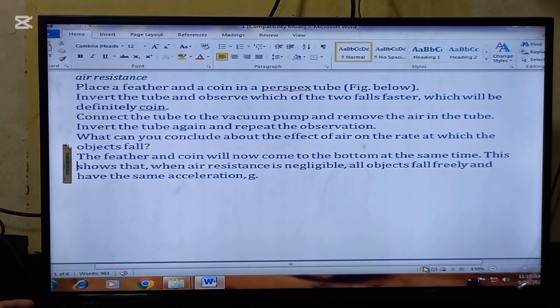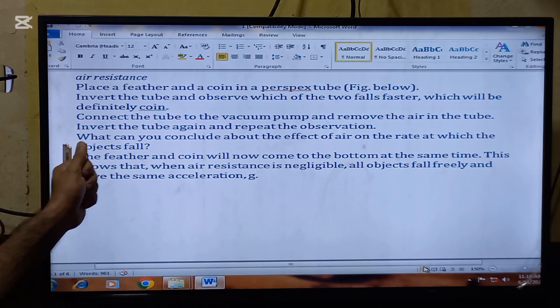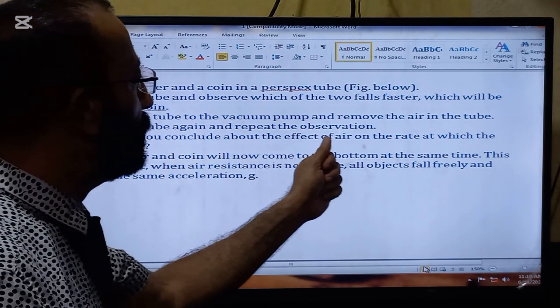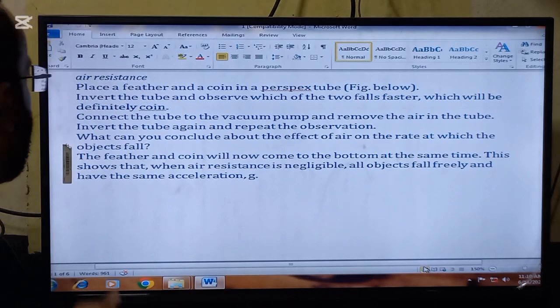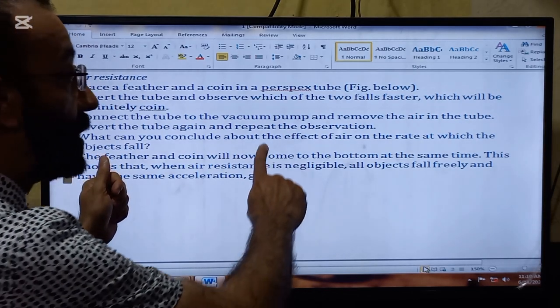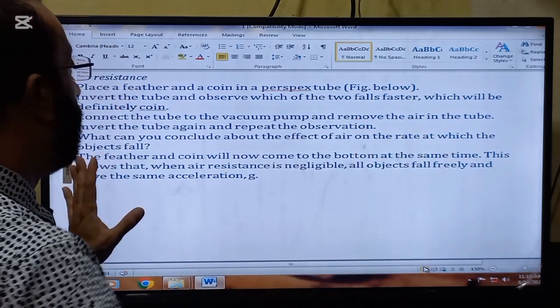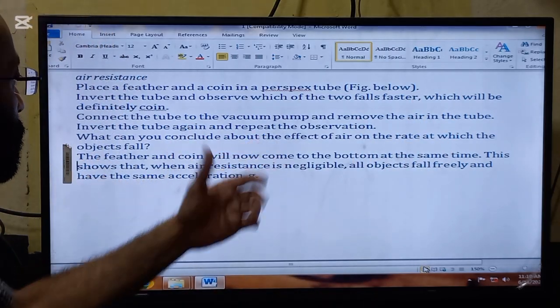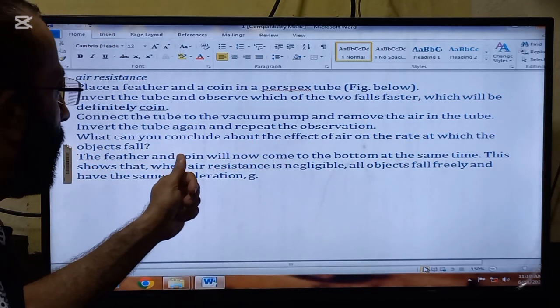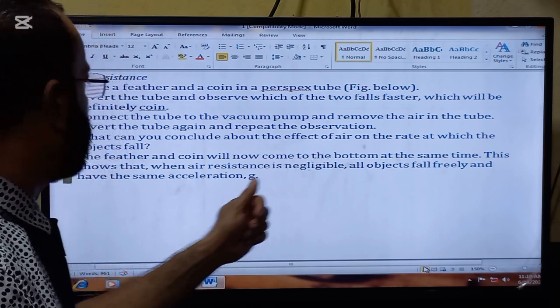Now proceed. Connect the tube to the vacuum pump and remove the air in the tube. Okay, now there is no air resistance because we have removed all the air from the tube. Invert the tube again and repeat the observation.